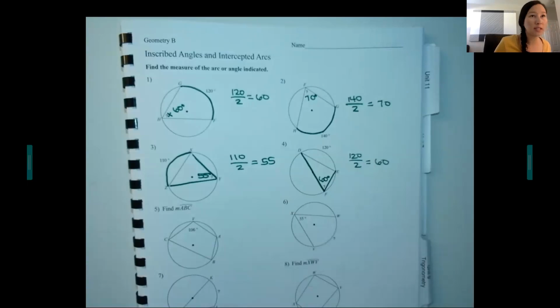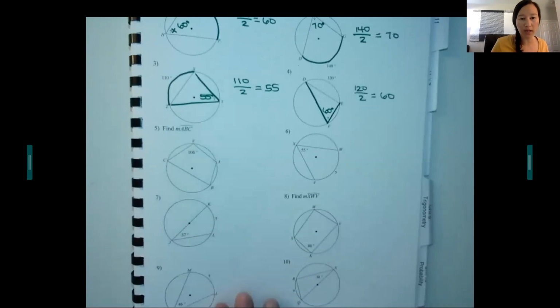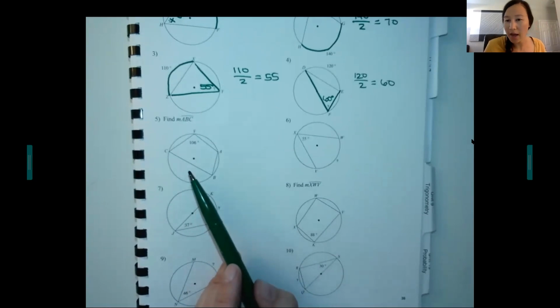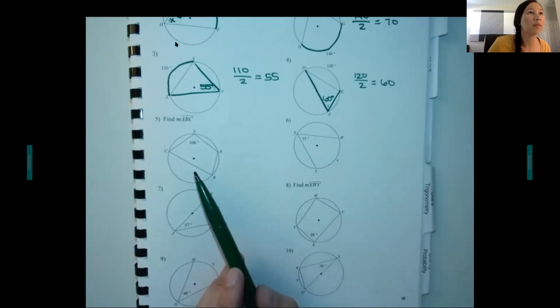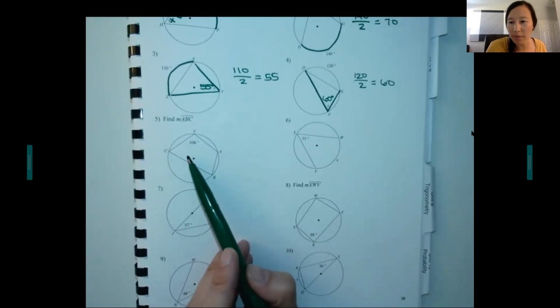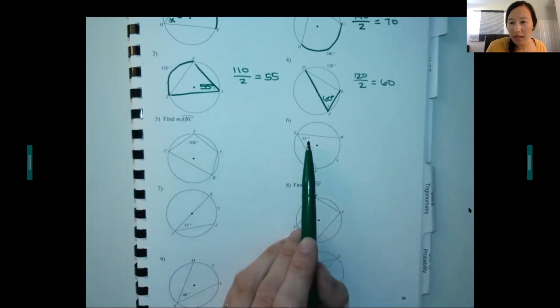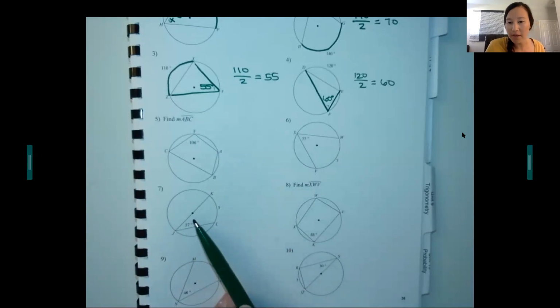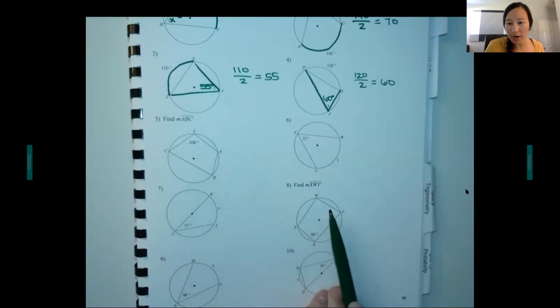Okay, and then we have 6 people here now, so I'm going to assign each of you one. So let's see. Jaden, I don't know if Jaden's back. Are you back, Jaden? You had to step away for a minute. Okay, so let's have Elijah do number 5. Jasmine, do number 6. Jade, do number 7. Rick, do number 8.